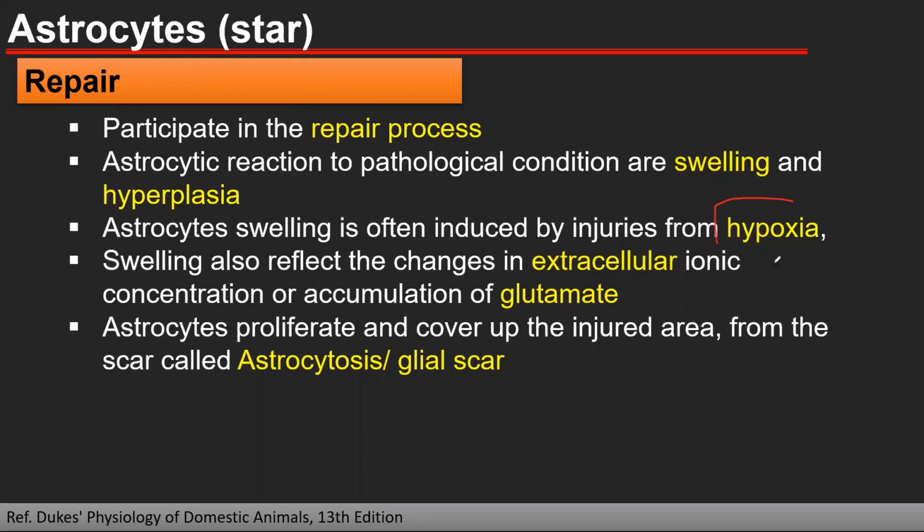For example, if some artery in the brain is damaged or obstructed, some area of the brain may not be supplied with oxygen sufficiently. So that area undergoes hypoxia, and that leads to astrocyte swelling. And astrocyte swelling also reflects changes in extracellular ionic concentration and the accumulation of glutamate.